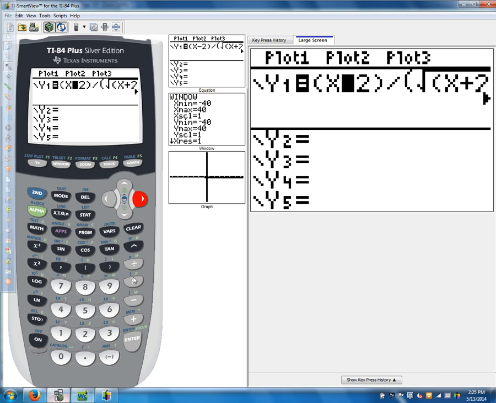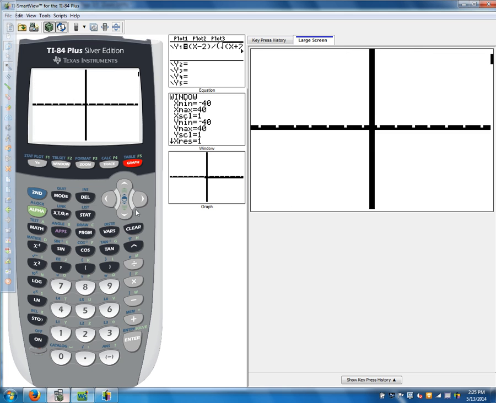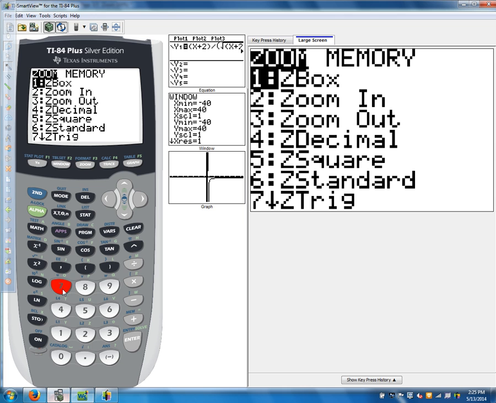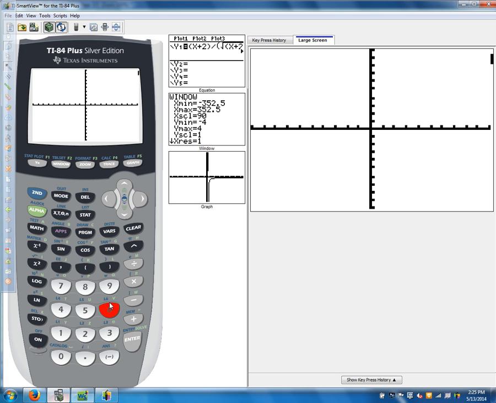What if I change this to a plus? Is this what I want to do? Graph. No? Oh, there we go.